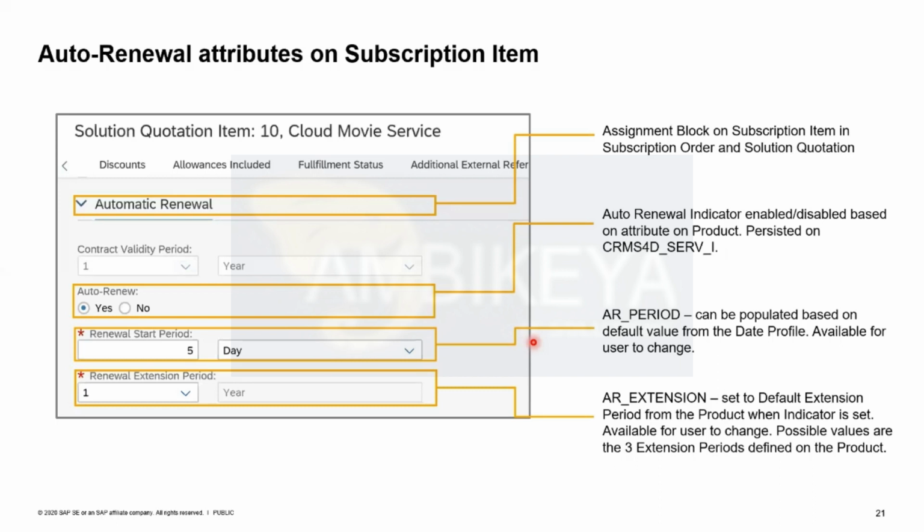So if the default setting can be changed from ordering, then in the solution quotation in a subscription item, I can go to this assignment block auto renewal, where I can change this auto renewal required or not required, and also how many days before an expiration date auto renewal should be triggered, and what will be the extension duration.